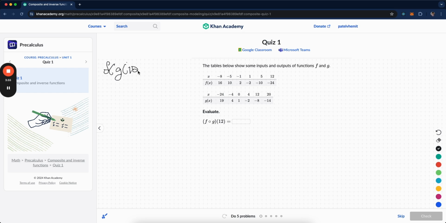So okay, we're going to start off by finding the output of g, which is the input of f, right?